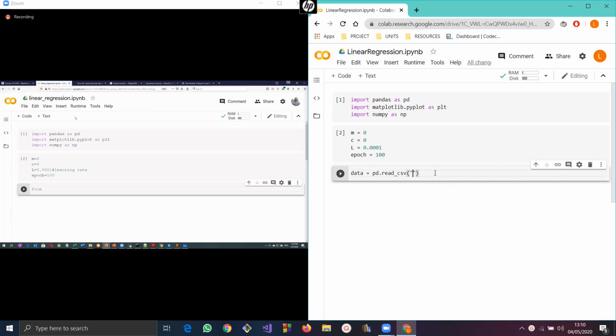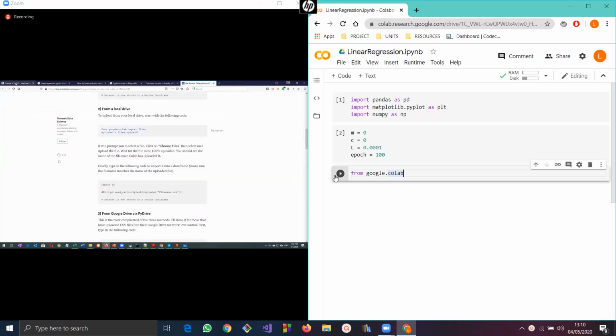So from google.colab, and you can actually see the software is always going to be doing some suggestions here. It's just like the interactive one that you normally use.